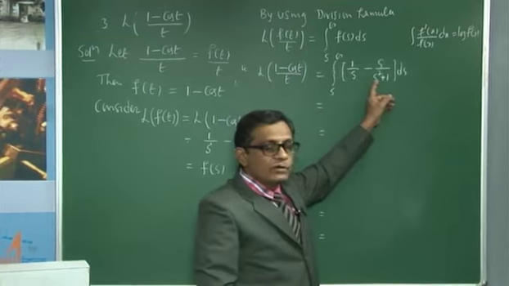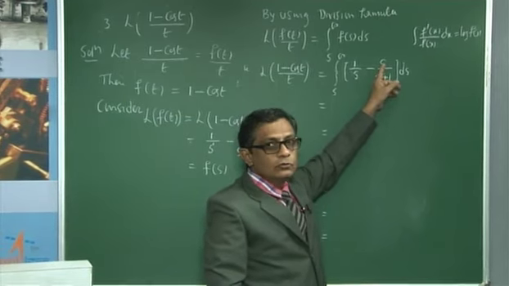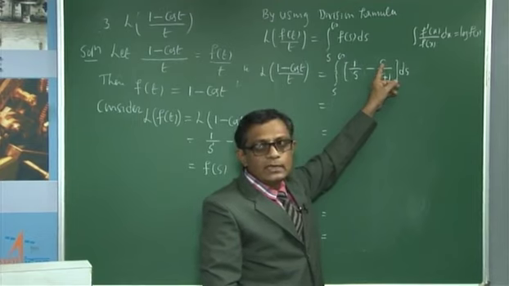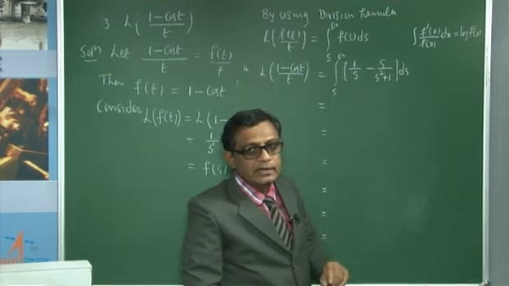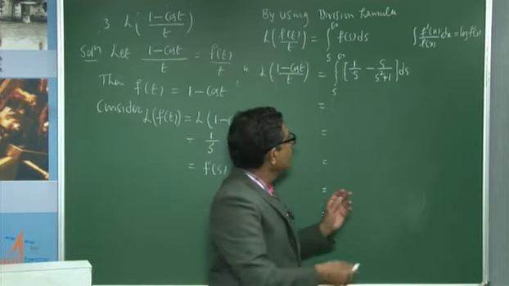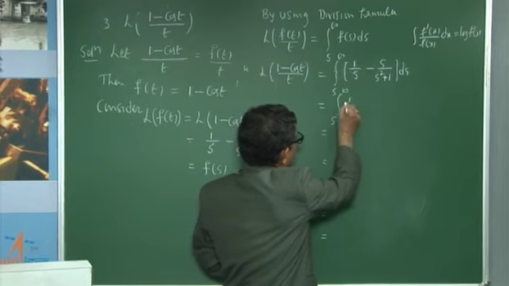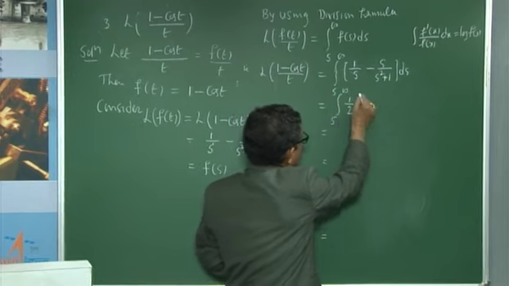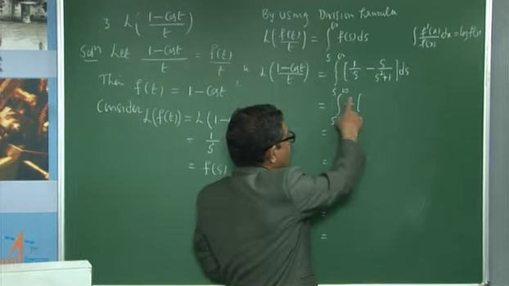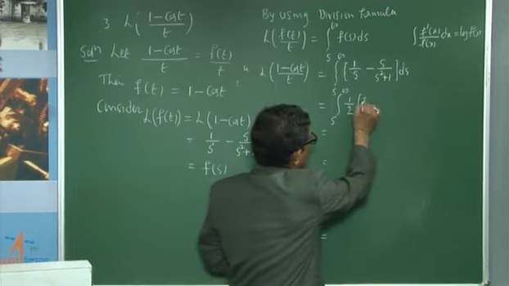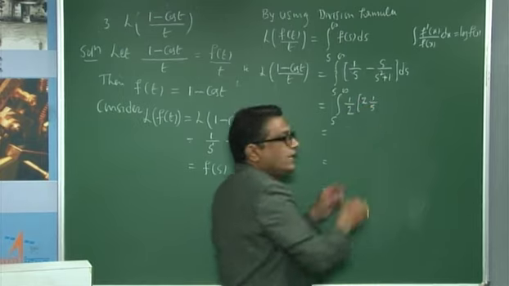What is this differentiation? The differentiation of s square plus 1 is 2s, but here it is only s. You have to make an adjustment in the function, and in order to take a constant outside, you multiply numerator and denominator by 2. Here you are dividing by 2, the numerator first term you are multiplying by 2.